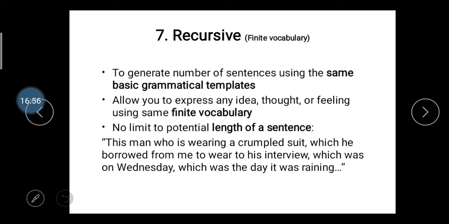For example: This man who is wearing a crumpled suit, which he borrowed from me to wear to his interview, which was on Wednesday, which was the day it was raining. Here you see that the word which is one type of grammatical template used for a clear idea in the mindset of the receiver.